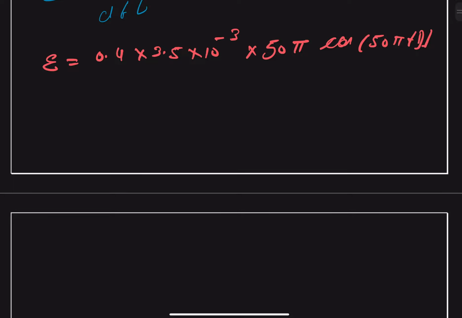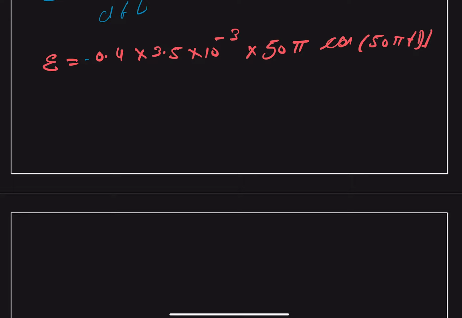So therefore we can write that our EMF will be equal to minus this. We can keep it like this only. There is no need to further solve, we can solve it later on also.